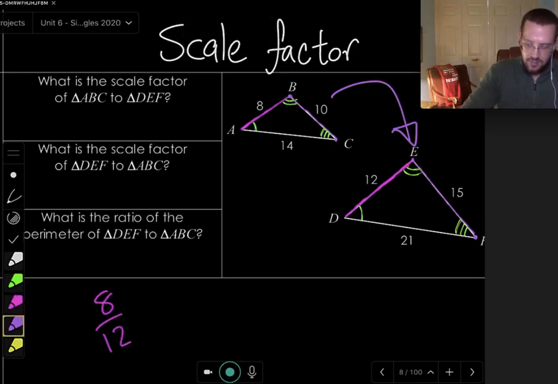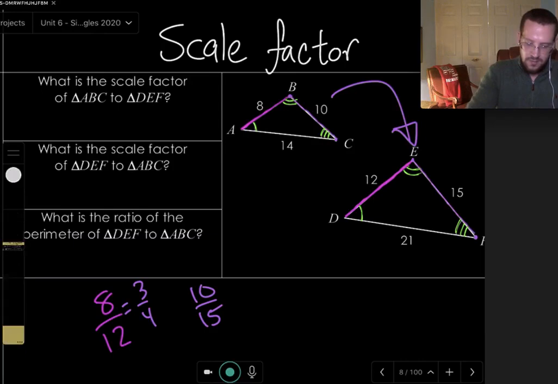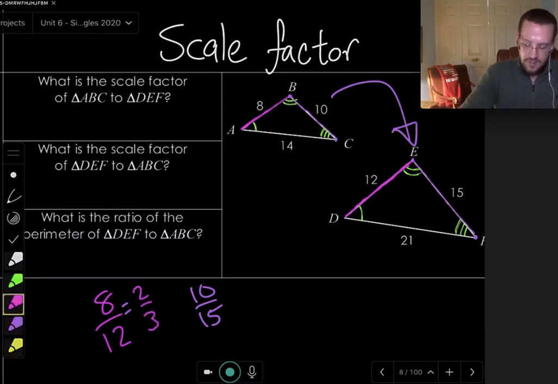And then the second one from our purple side, 10/15. Now, this might seem counterintuitive, but just stay with me. 8/12 can be reduced to 2/3, and this one can also be reduced to 2/3. So we have our scale factor here.